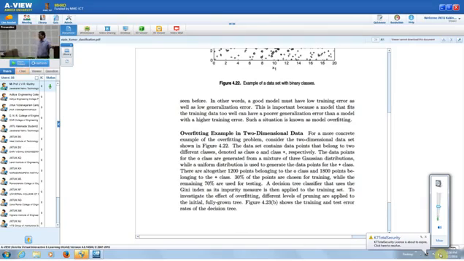you consider the errors. You have 2 kinds of errors possible. One is training error and the other is generalization error. Training error means the error that occurs due to the training samples, during the training set.